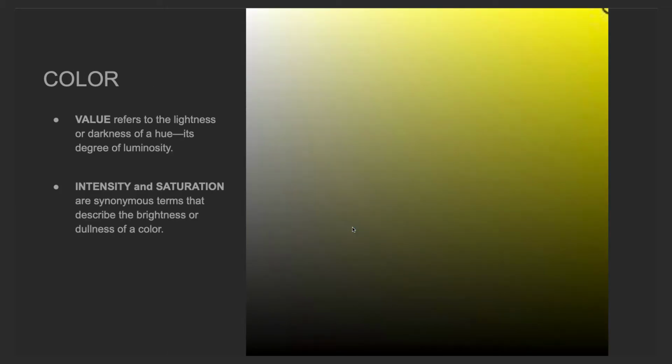This image really shows the difference between value, which is white to black, and then what's called saturation, which is a lot of color to no color at all. You can have saturated colors that have any level of value to them: high, medium, or low.